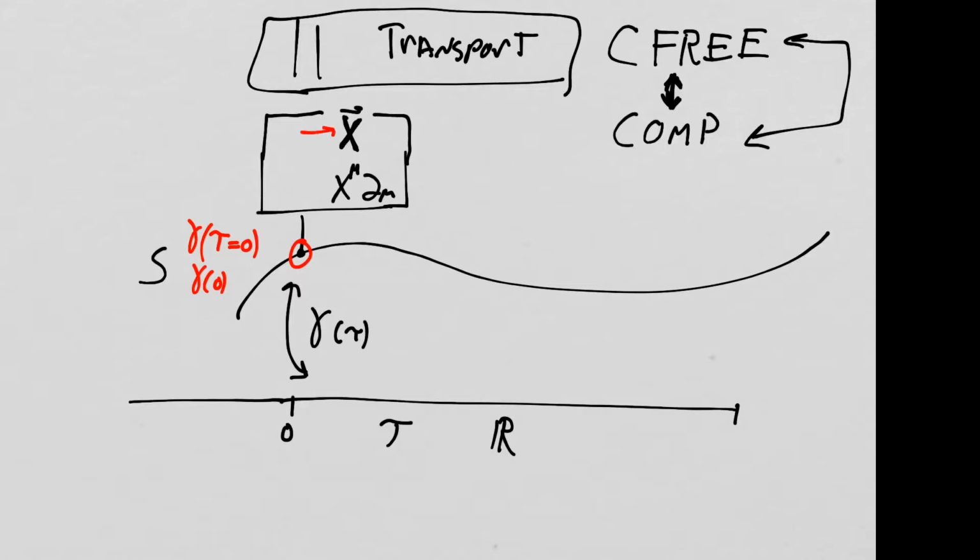And my question is, if I went to some other point, say gamma of some value, say t, at that point, this point has its own tangent space, right? This is the tangent space of gamma of t, whereas this is the tangent space gamma of 0 of s.